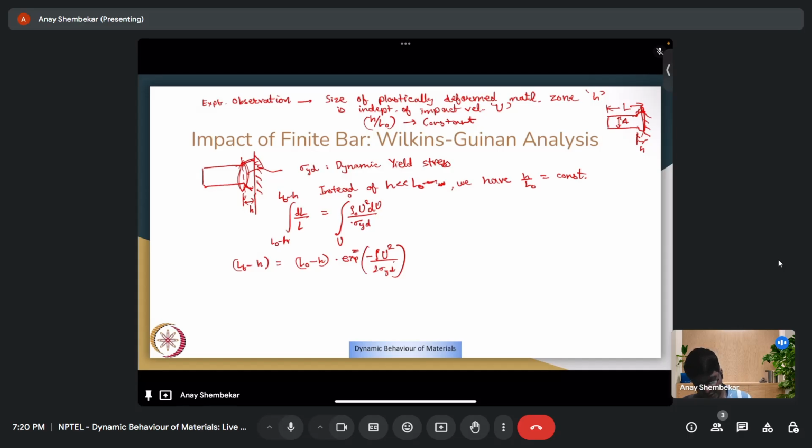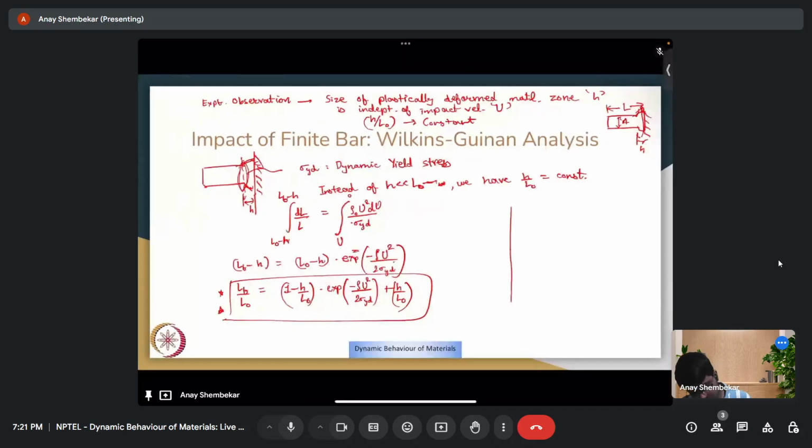If I rearrange this equation, I get Lf by L naught is equal to 1 minus h by L naught times exponent of minus rho u square by 2 sigma yd, plus h by L naught. So this is what the final equation ends up looking like.